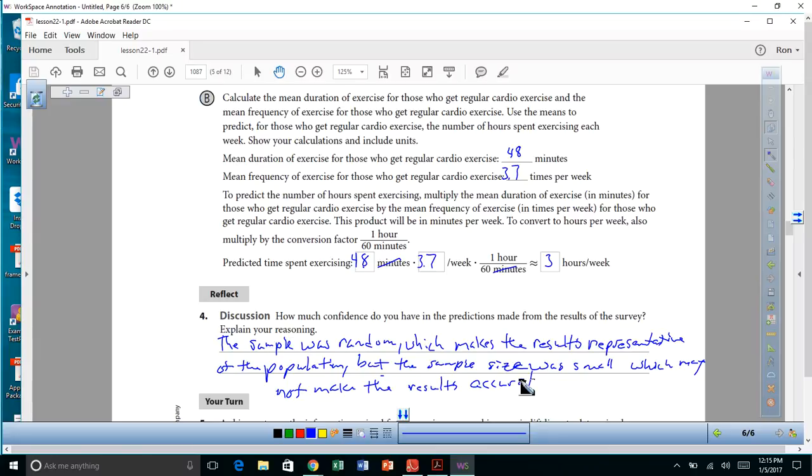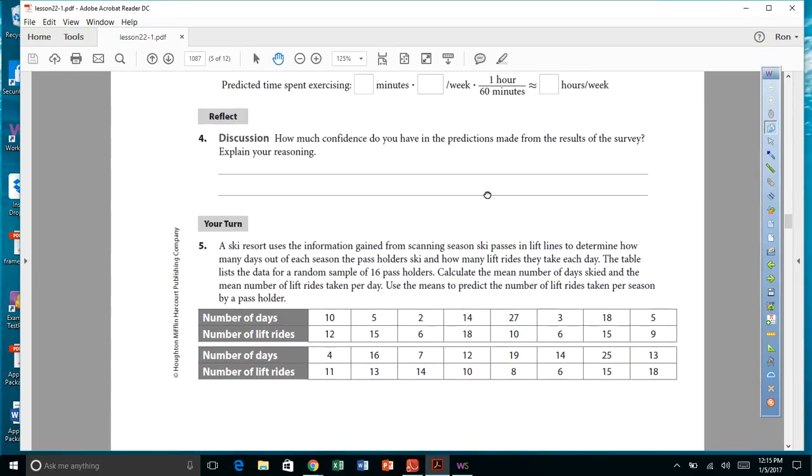So it needs to be representative of the population, and it also needs to be of a sufficient size.